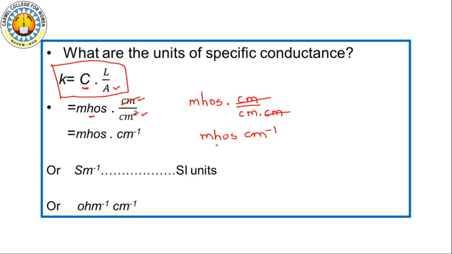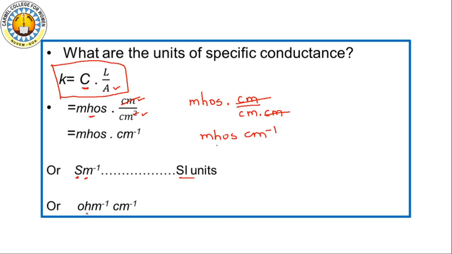Instead of mho centimeter inverse, you can use the SI unit. So in place of the conductance unit, we will have to use Siemens, and you have to use meter inverse. Instead of centimeter inverse, it will be meter inverse. So this is your SI unit. Suppose you are writing in terms of ohms.